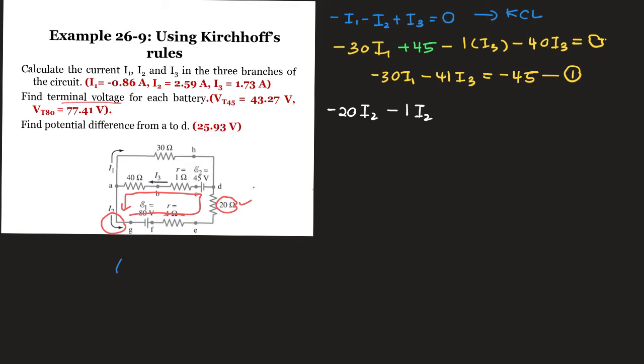We are going to use the assumption loop, not the current inside the circuit, for our potential difference at the battery. It's moving from lower to higher. Therefore, your potential difference here, 80 volt, is going to get a positive value.